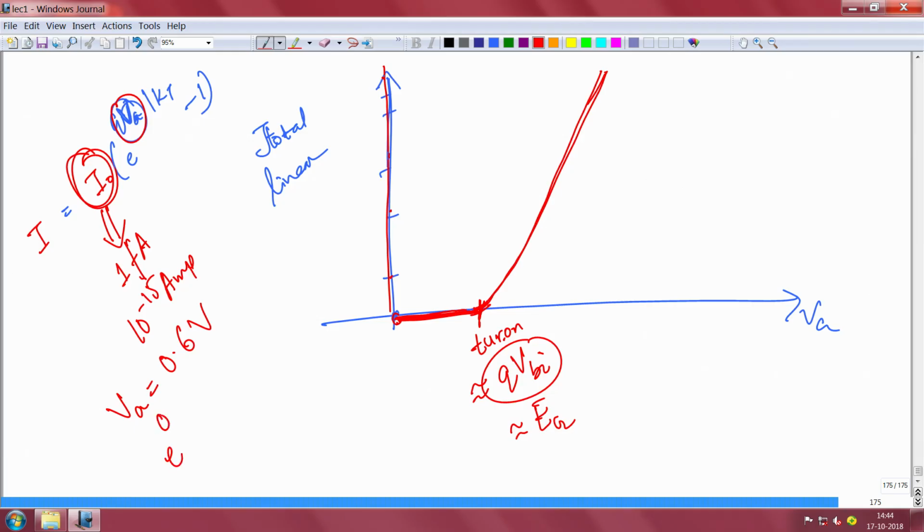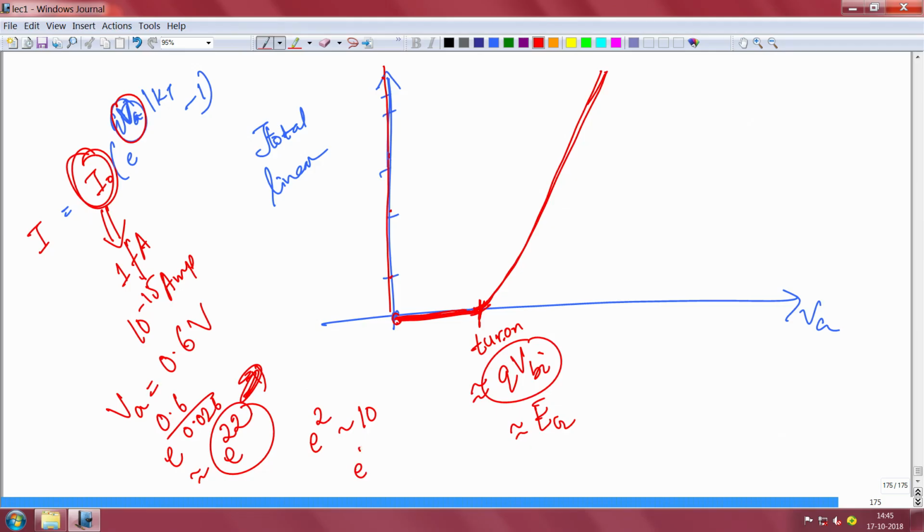Then e to the power 0.6 divided by kT, which is 0.026, minus 1 can be neglected, it is very small. This is equal to e to the power how much? Maybe 22, and e to the power 22 is a very large number. See, e squared is almost 10, not exactly 10, but close to 10.